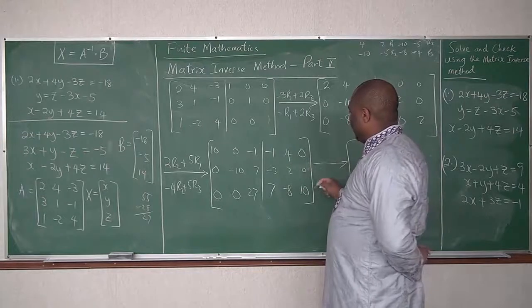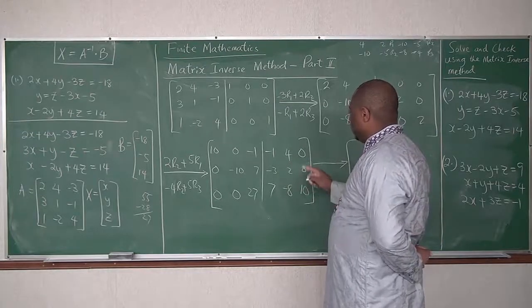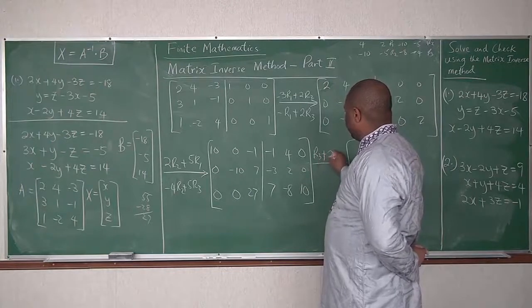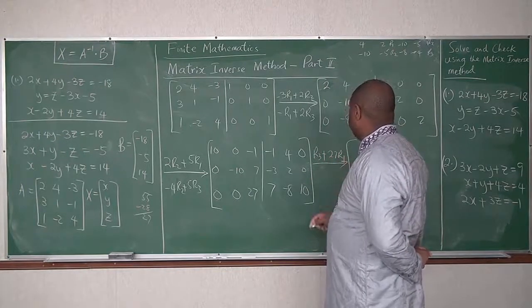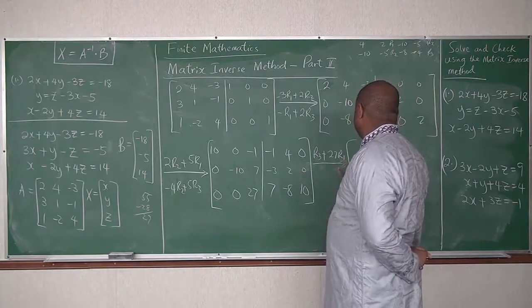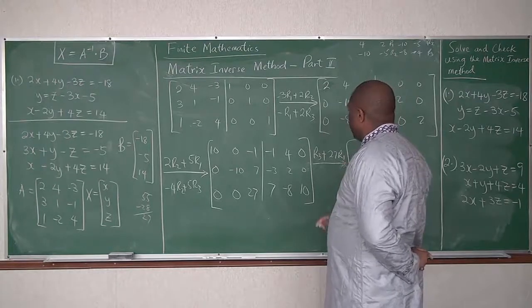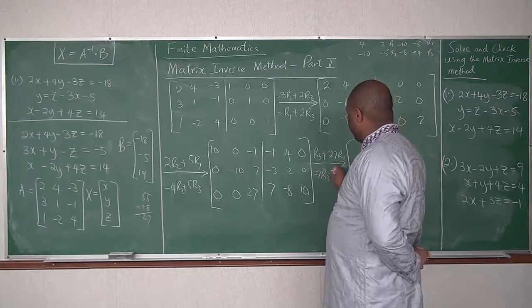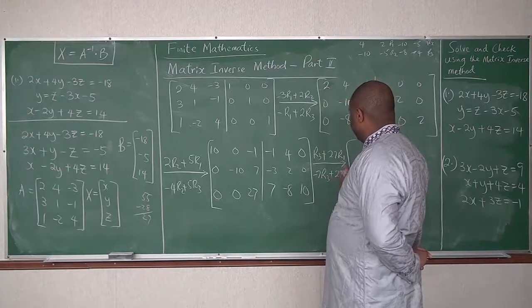So what we have here is R3 plus 27 R1, then negative 7 R3 plus 27 R2.